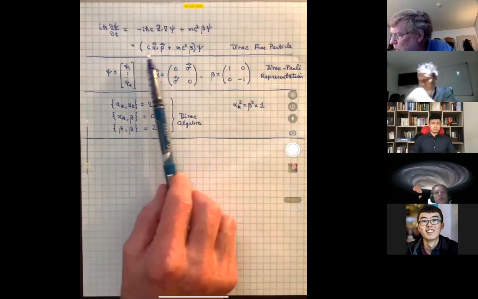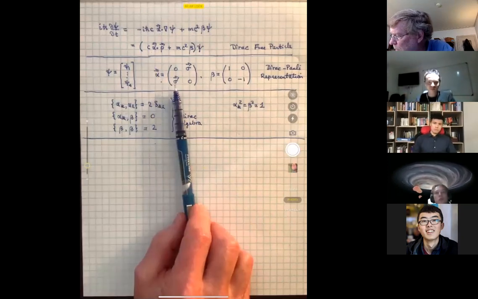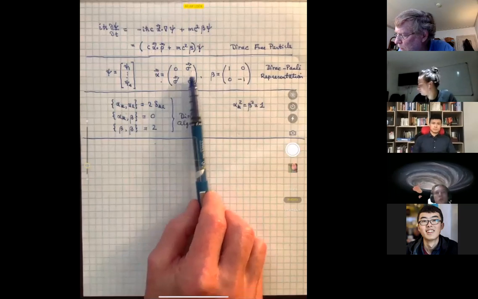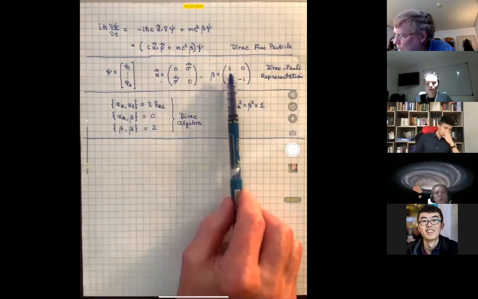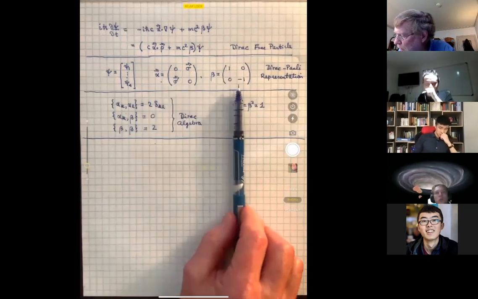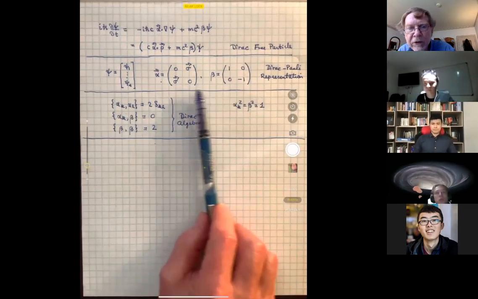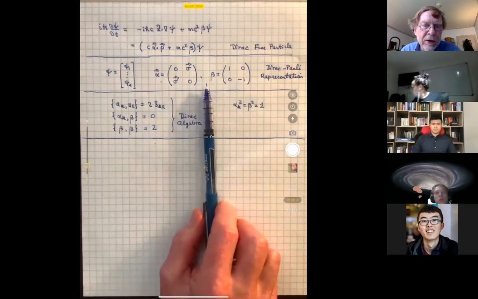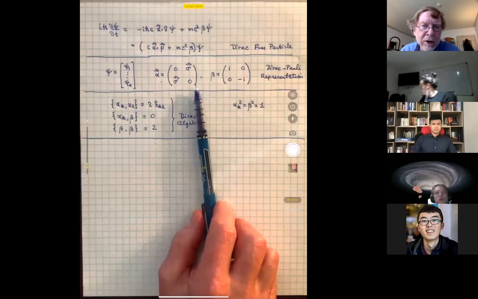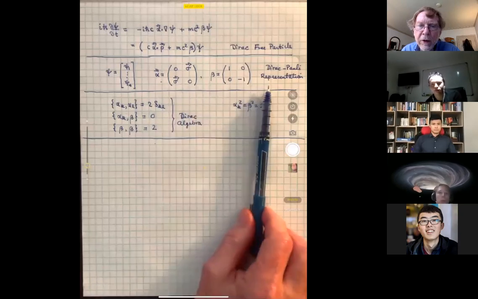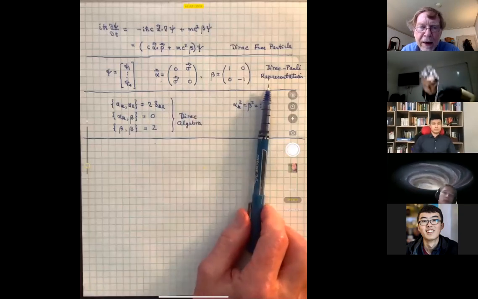We determined also the form of the matrices alpha and beta. Alpha has the Pauli sigma matrices on the off diagonal, and beta is 1 and minus 1 on the diagonal. This is partitioning Dirac matrices, 4x4 matrices, into 4 2x2 matrices, which is what we'll normally do in representing Dirac matrices. This gives us what we call the Dirac-Pauli representation of the Dirac algebra.